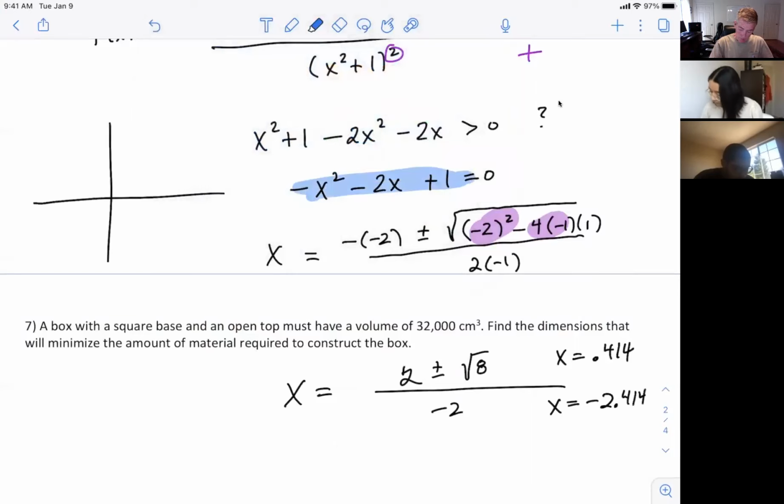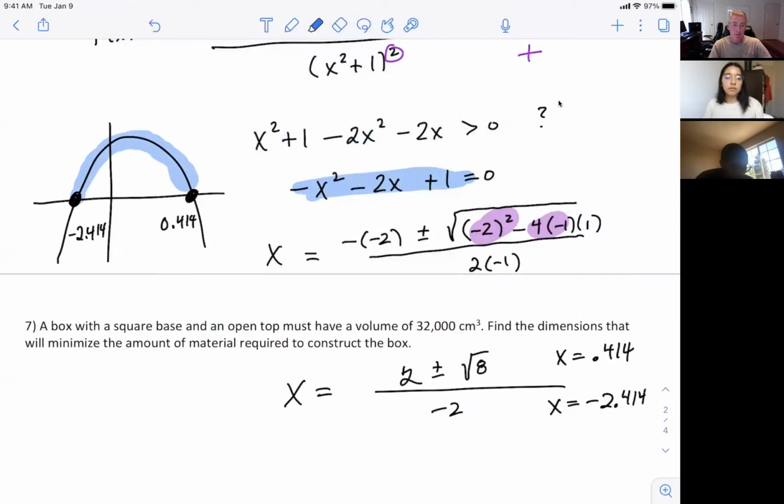So if you go back to this line, we're trying to find out when this thing is positive. Because it has negative x squared, that means it's an upside down parabola. And when it equals 0, we got over here on the negative side, negative 2.414, and over on the positive side, 0.414. For the parabola to be positive, that would be all of this part.